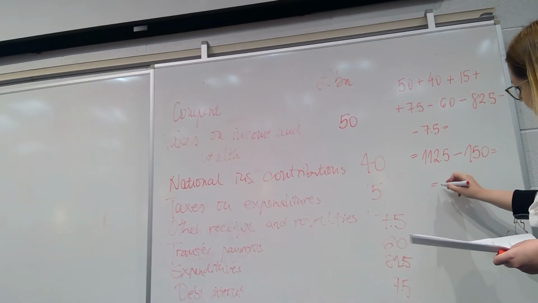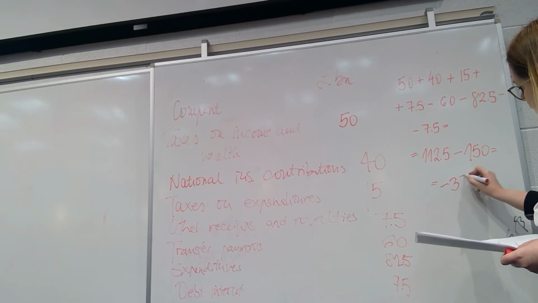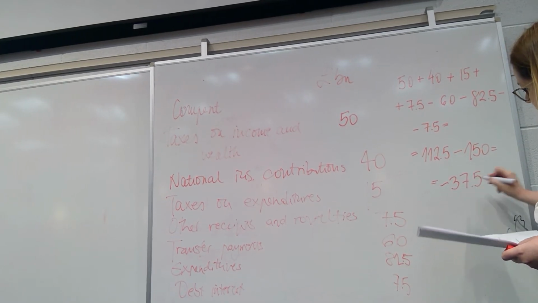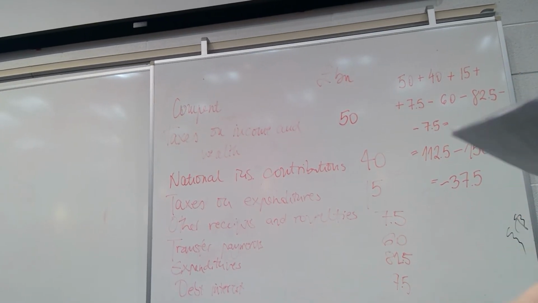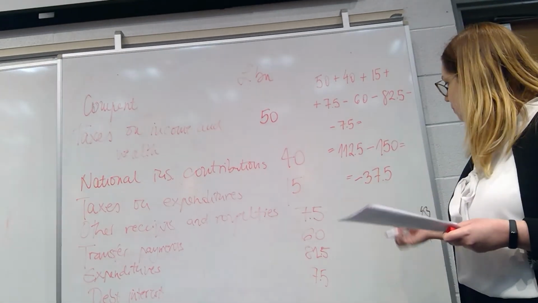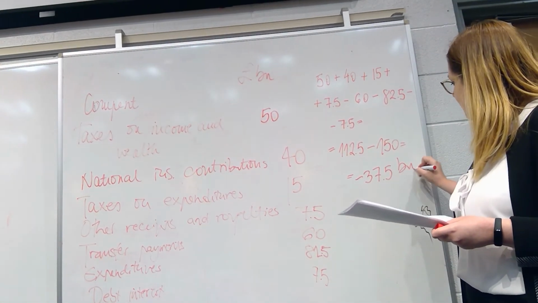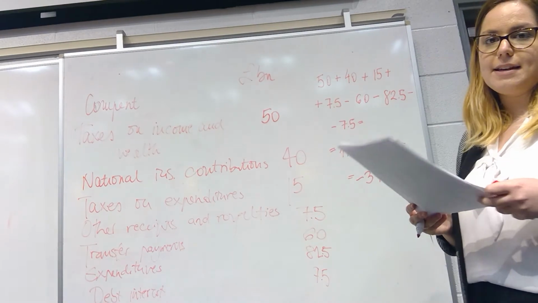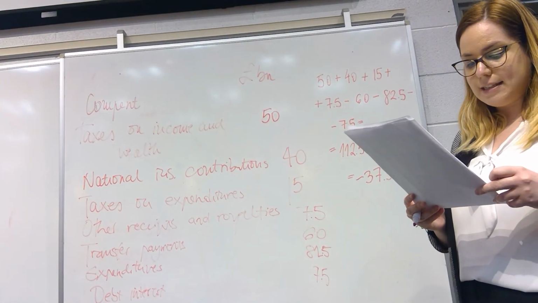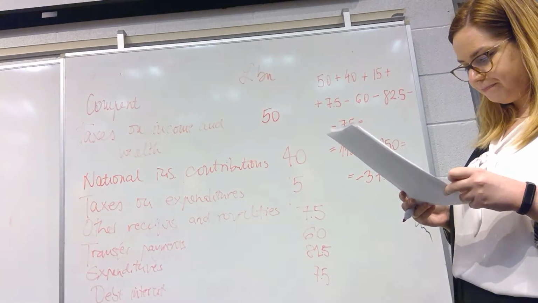So actually the difference is minus 37.5, which means that the government is running a deficit of 37.5 billions. So the correct answer is answer D, 37.5 billions.